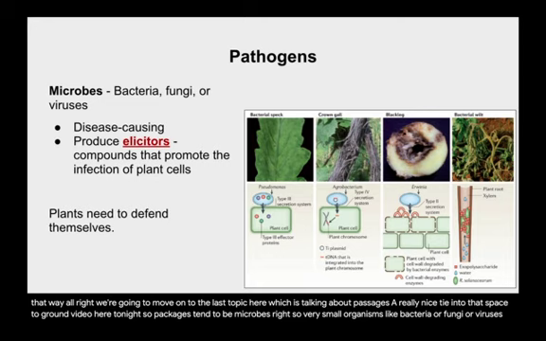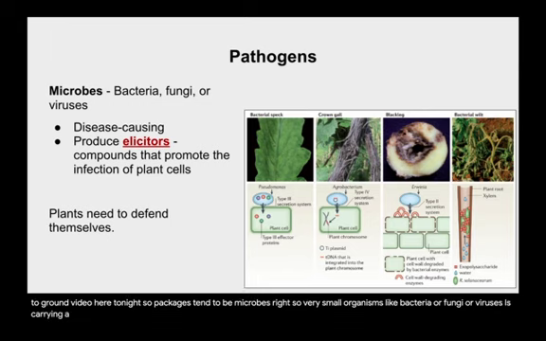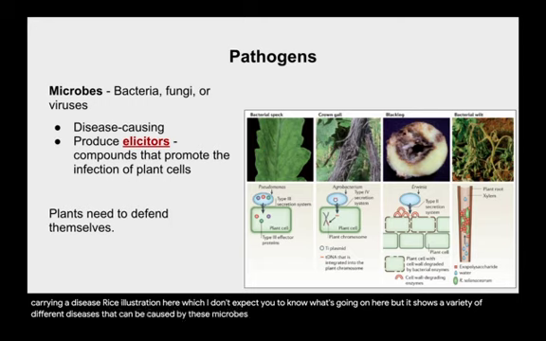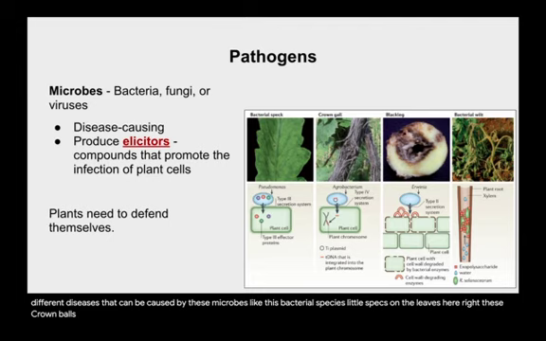They're any microbe that is carrying a disease. I have this nice illustration here, which I don't expect you to know what's going on in, but it shows a variety of different diseases that can be caused by these microbes, like this bacterial speck. There are little specks in the leaves here, right? These crown galls, bacterial wilt, a whole host of diseases.